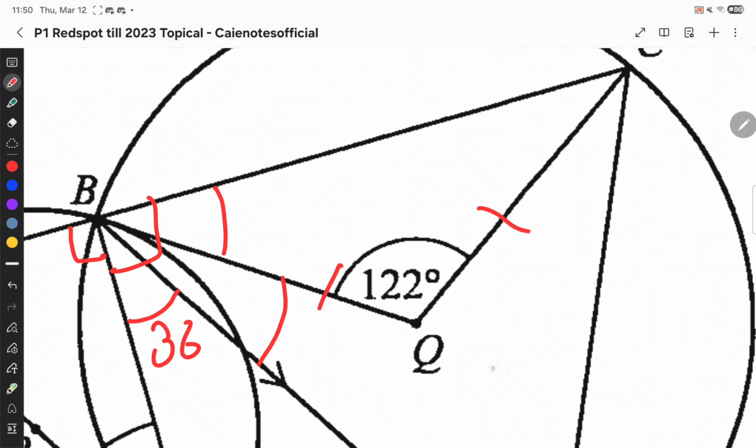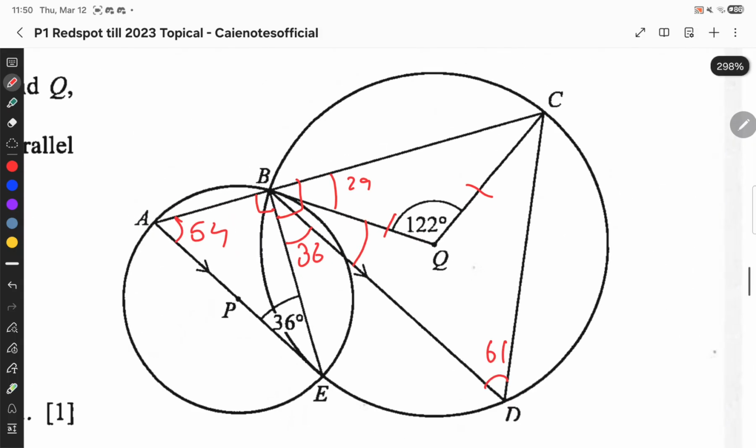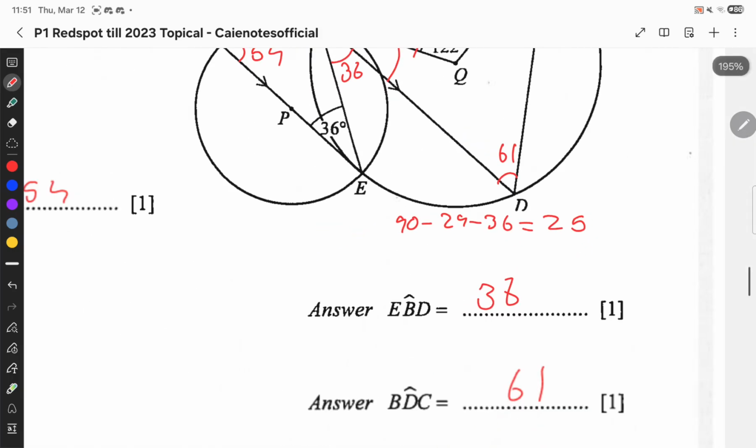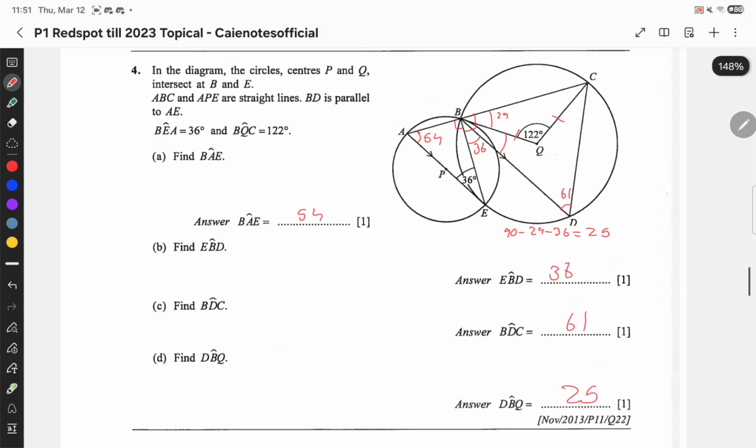So this is 180 minus 122, divided by 2, which is 29. So we know this is 90 minus 29 minus 36 is equal to our angle. 90 minus 29 minus 36 is equal to 25, which is our answer, 25.